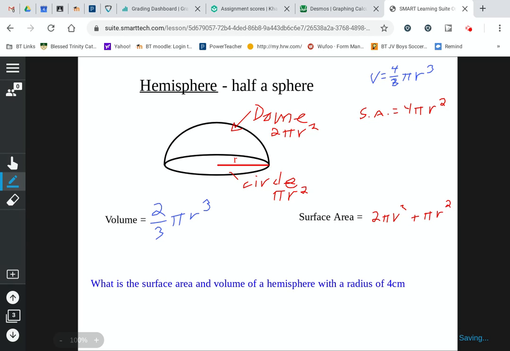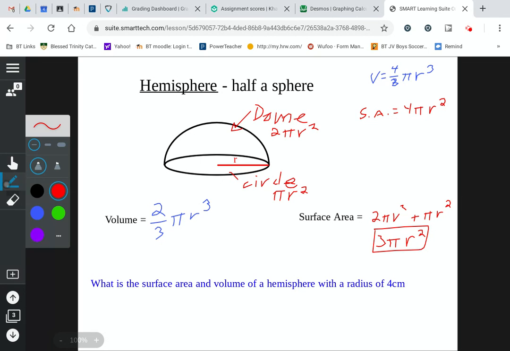So in all reality, our surface area of a hemisphere is 3 pi r squared. And that is if it is freestanding, as in there's nothing else attached to it. If there's something else attached to it, then that's different because the surface area is not touching. The volume won't change on that.